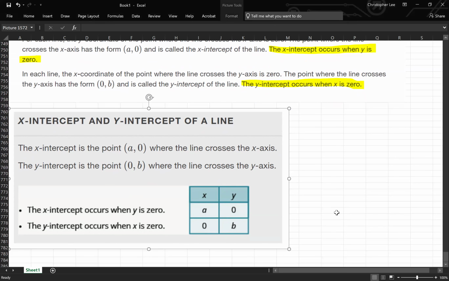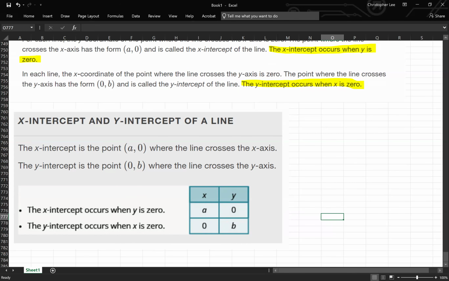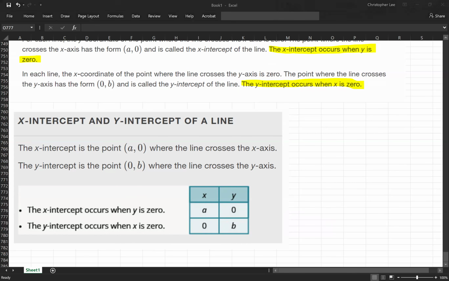The y-intercept is the point 0 comma b where the line crosses the y-axis. So the x-intercept occurs when y is 0, and the y-intercept occurs when x is 0. Okay? It's the reverse. Something good to remember.